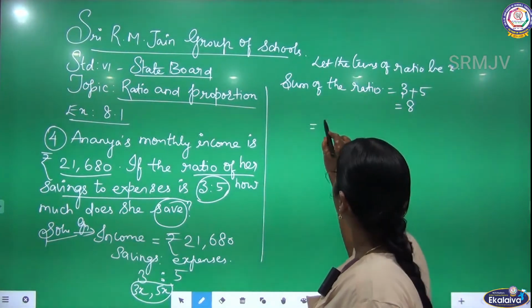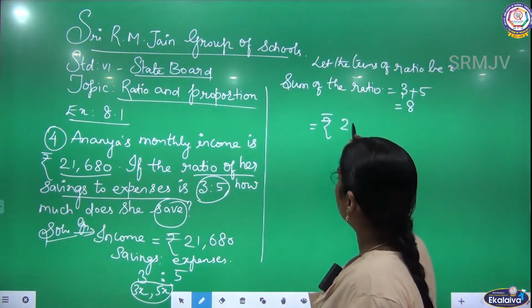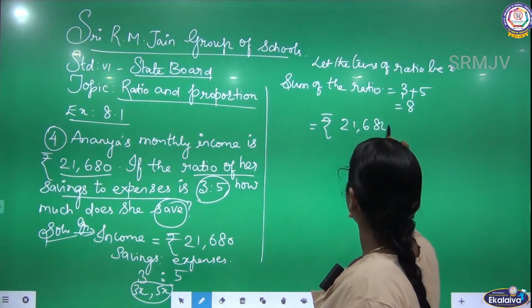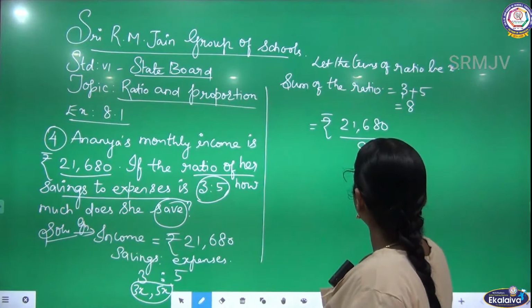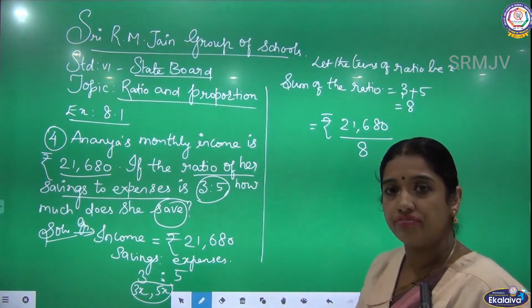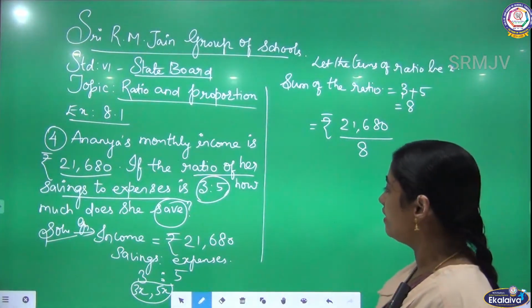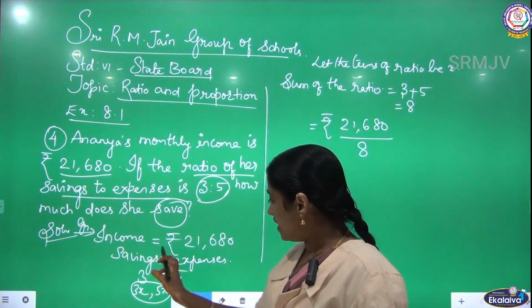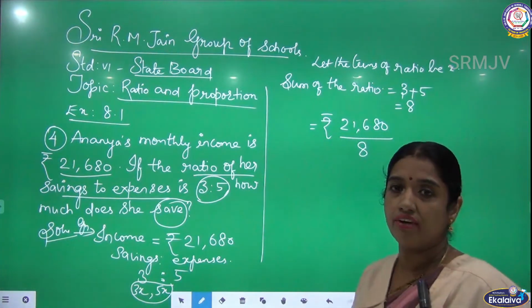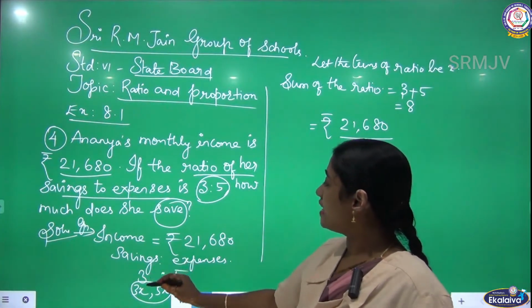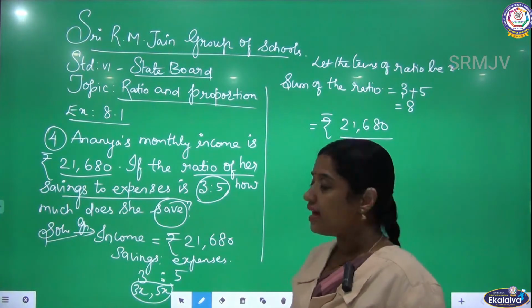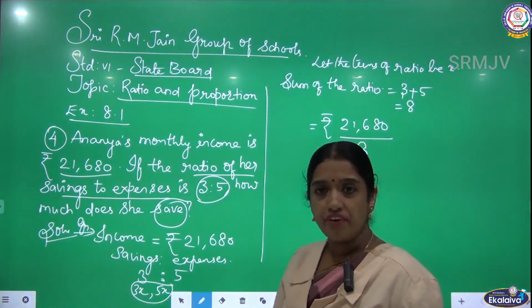Got it? Now I am going to find out the total amount. What is the total amount? 21,680. That I am going to divide by the sum of the ratio. The income and savings to expense ratio are given, and I am assuming savings to be 3x and expense to be 5x.